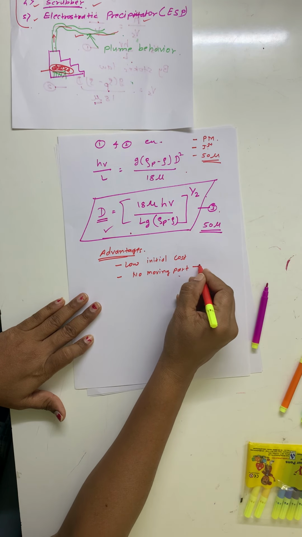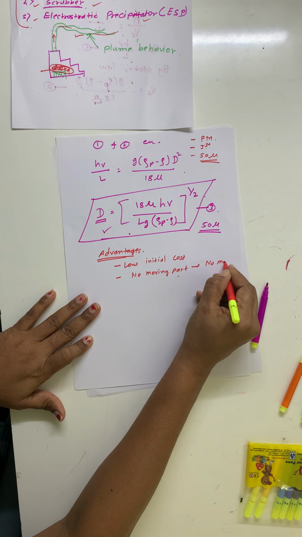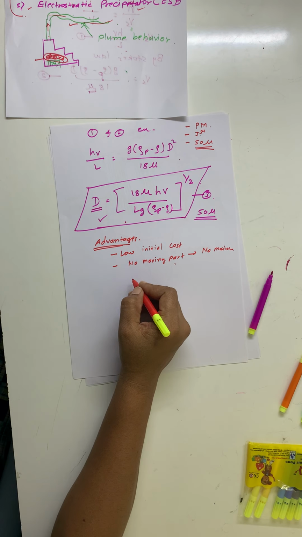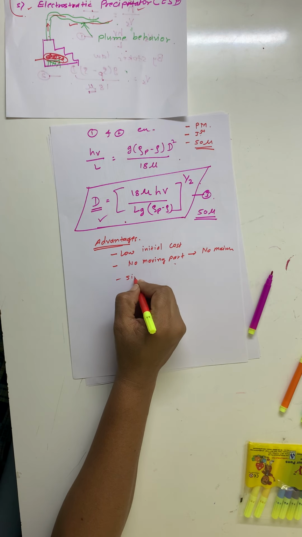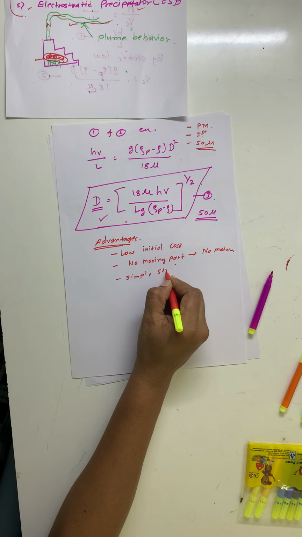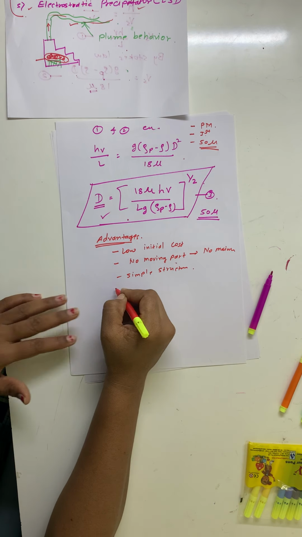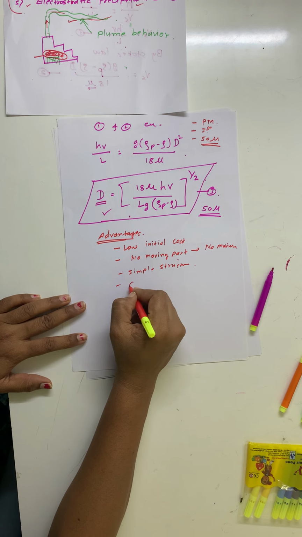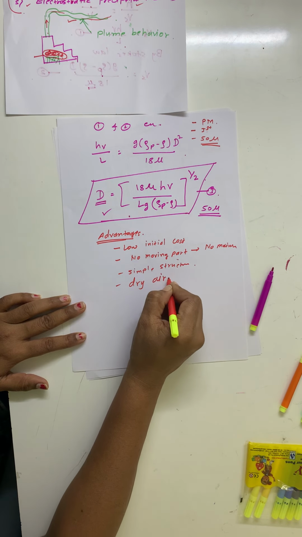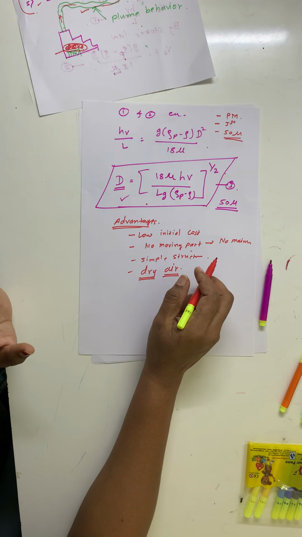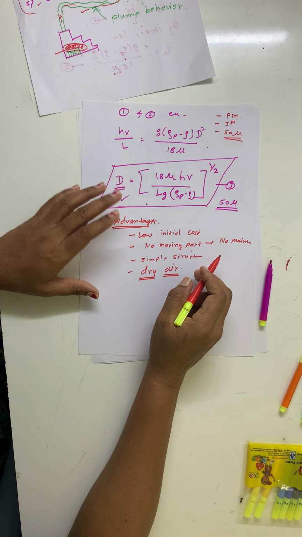The equipment also has a very simple structure. This can be used only for dry air; dry air can be treated in a gravity settling chamber.